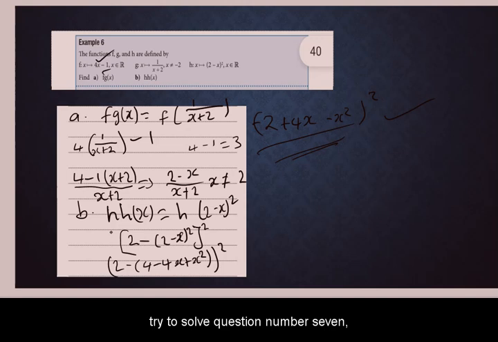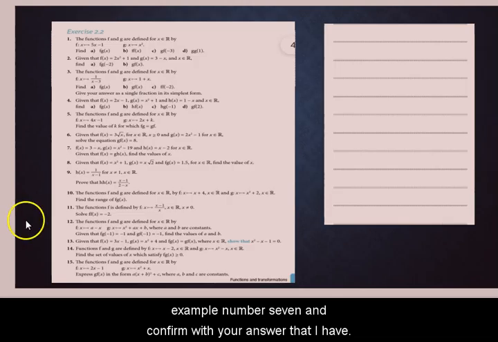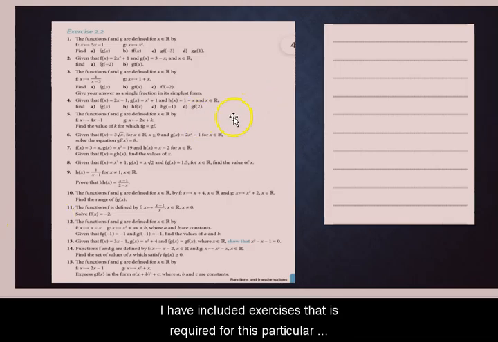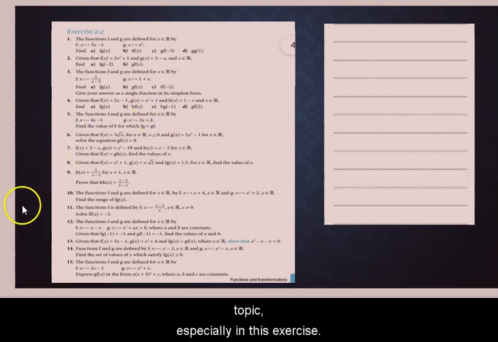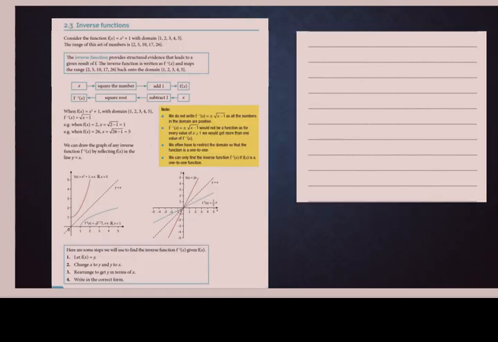Try to solve example number 7, and confirm with the answer that I have. I have included exercises that are required for this particular topic, especially in exercise 2.2, as we move now to inverse of a function.